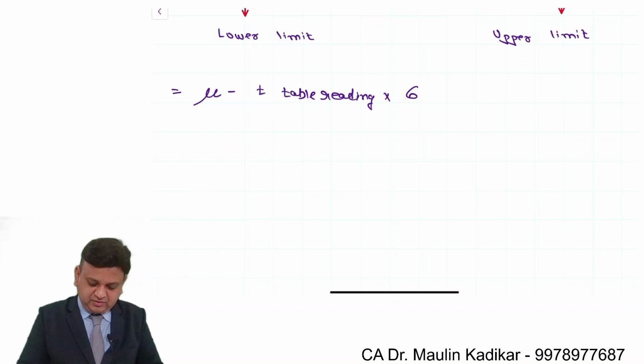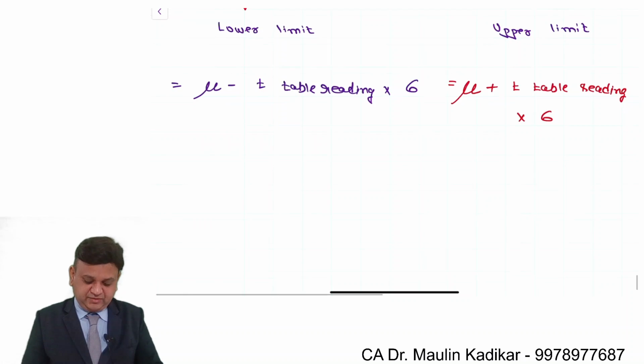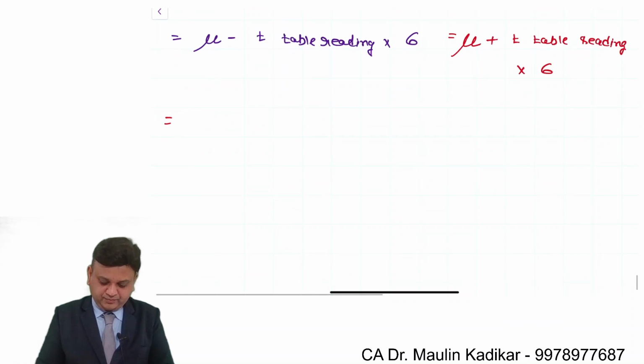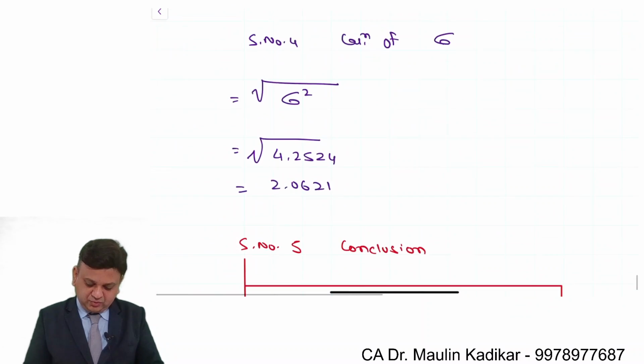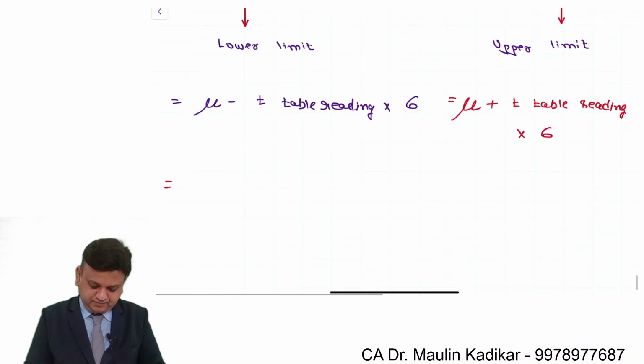The upper limit will be again like this: mu plus the T table reading multiplied with the standard deviation. What is the value of the mu? It is 10.2632.